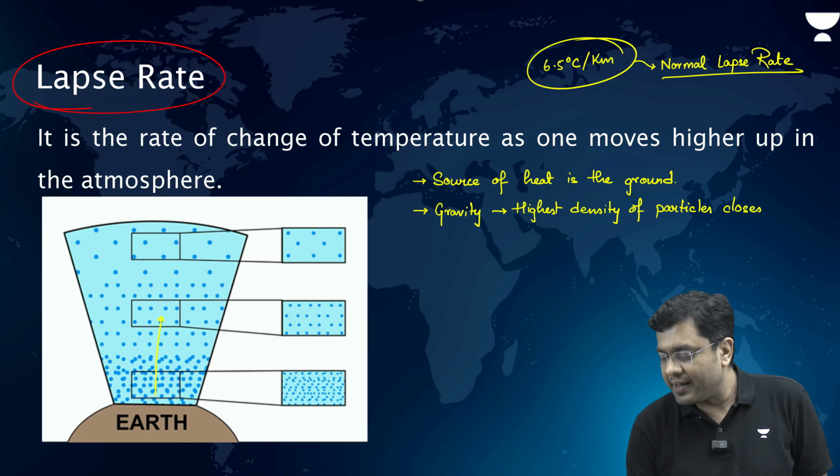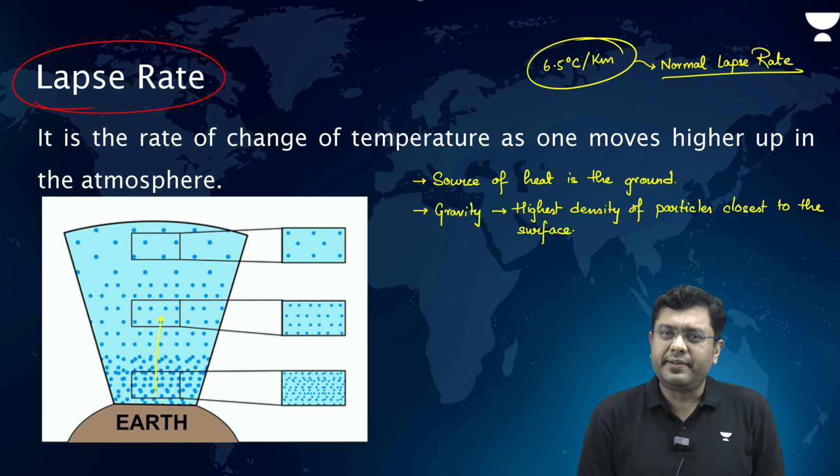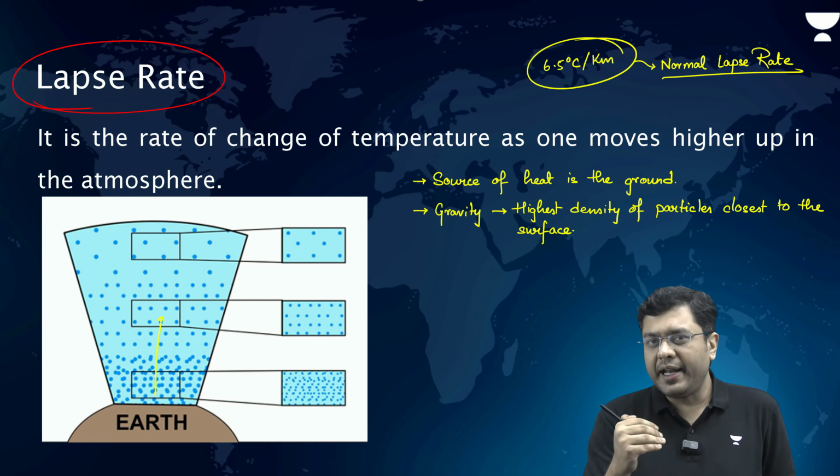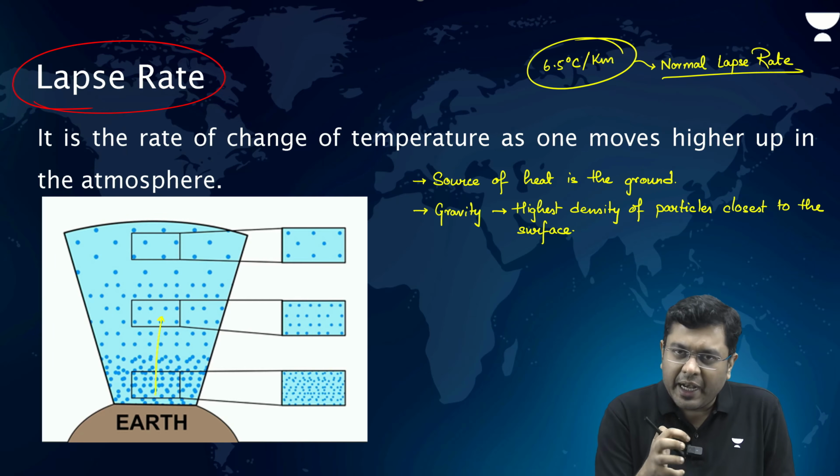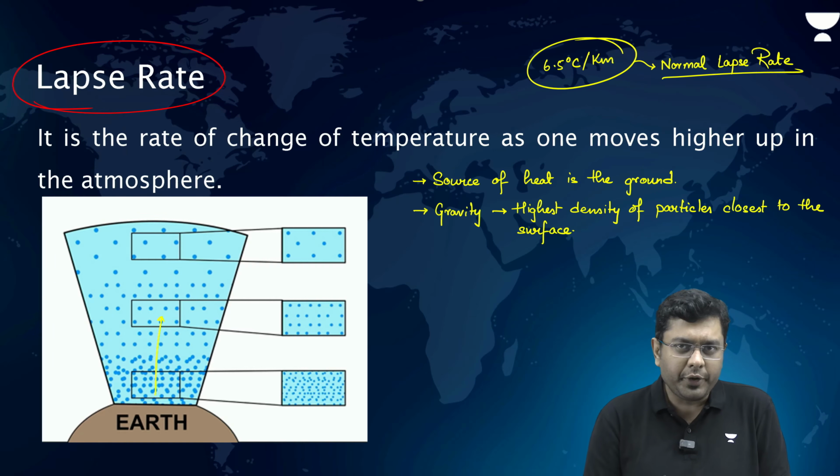Now, how does that impact the temperature? Basically, when you consider these particles, air molecules, dust particles, all of them, they also trap heat and retain heat within themselves. If you have a lesser number of particles, then their ability to trap heat also tends to reduce.